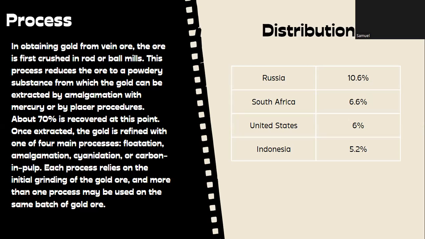Once extracted, the gold is refined with one of four main processes: flotation, amalgamation, iodination, or carbon in pulp. Each process relies on the initial grinding of the gold ore, and more than one process may be used on the same batch of gold ore. And the distribution in the world is we can find in Russia, South Africa, US, and Indonesia.